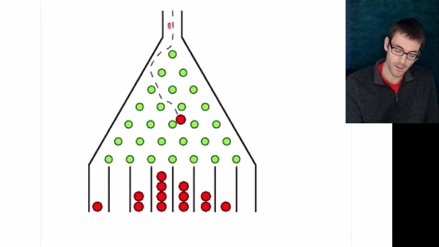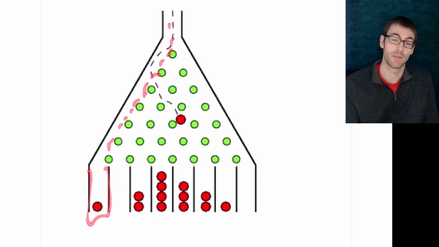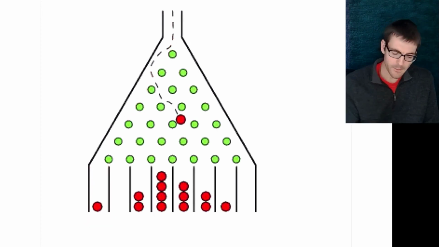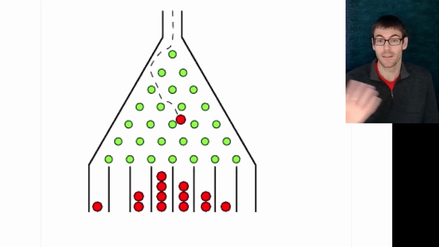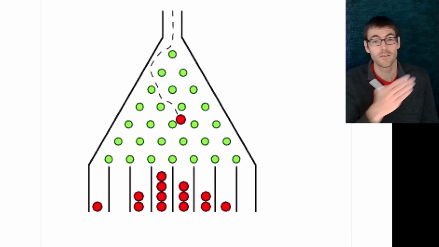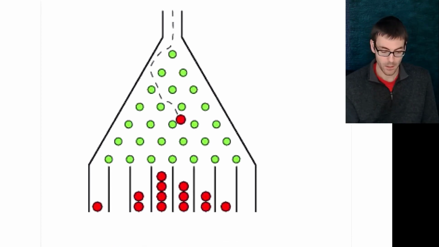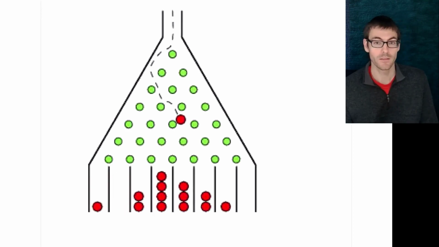So it's certainly possible that a bead would choose to go left each time and end up in the far left slot, but it seems more likely that it would somewhat alternate and end up relatively near the middle. So we can use this to simulate a probability distribution. If we're actually trying this with 100 beads, we can visually see how many end up in each of the different slots.